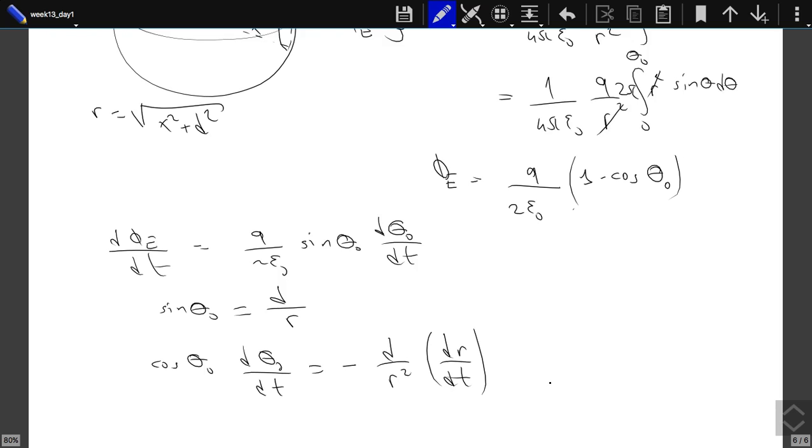I know what r is. r is this one. Just take the time derivative. This is equal to minus d over r squared. Well, d is constant, so take the derivative with respect to x. That gives x over square root of x squared plus d squared times dx by dt. What is dx by dt? Minus v.